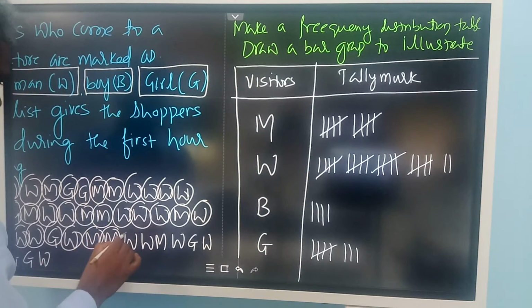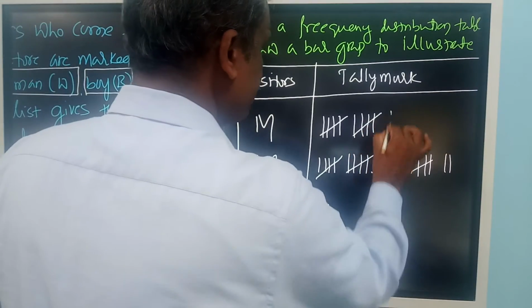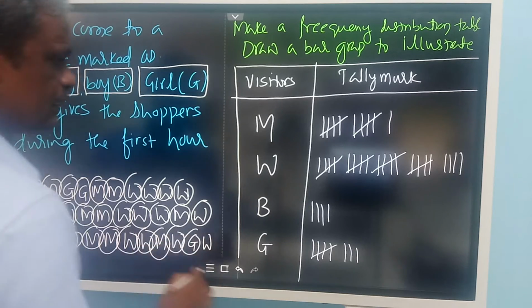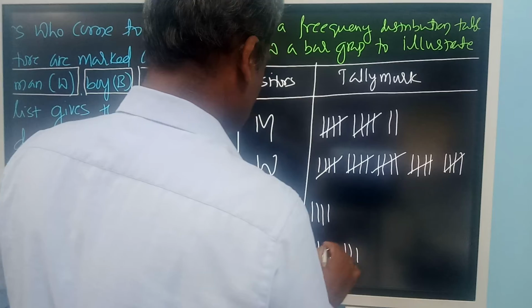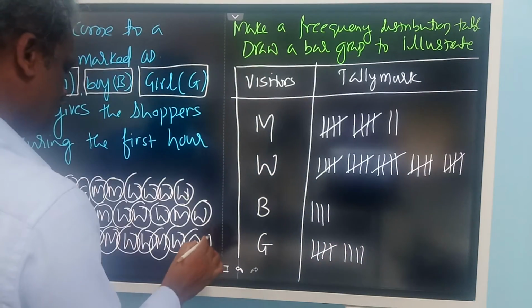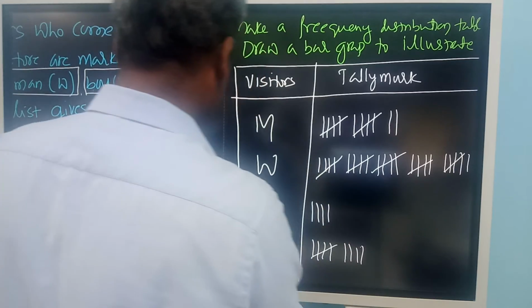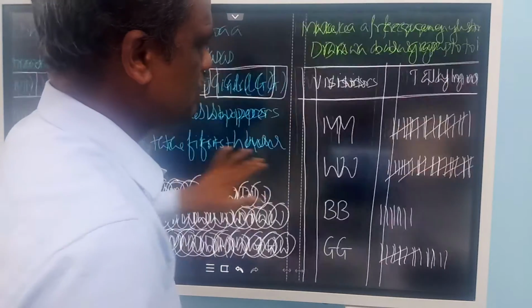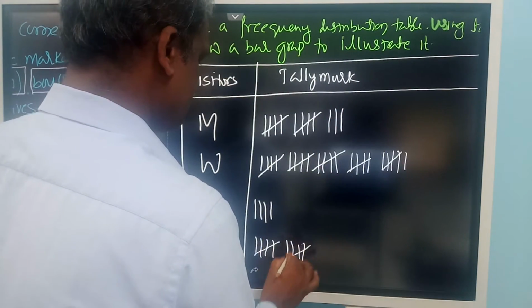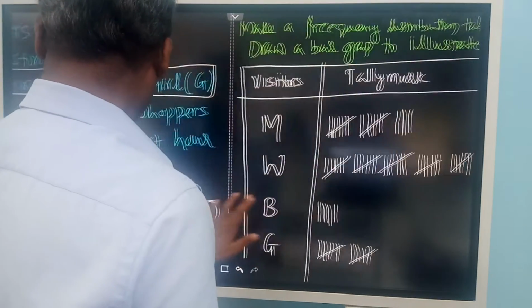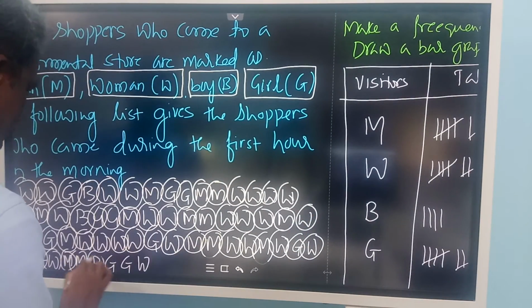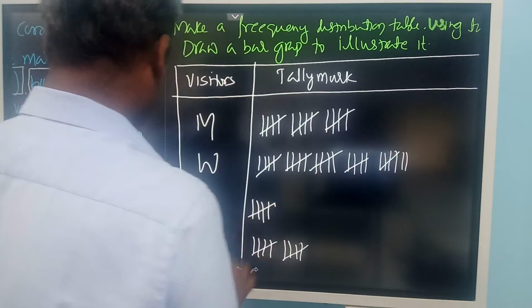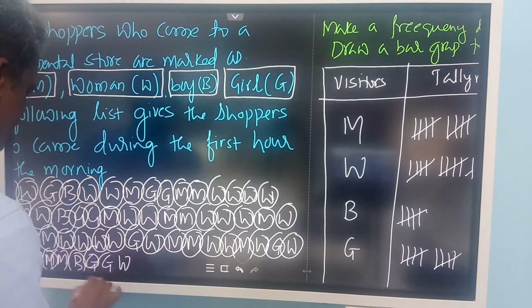Then MWW. Then MWG. Then W once again. Then MGW, MGW. Then MMB. Then GGW.